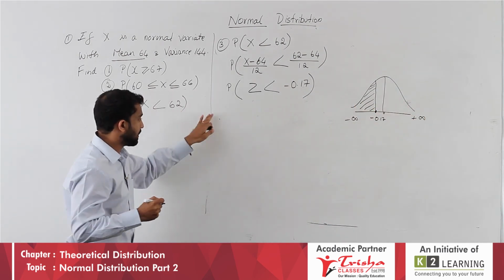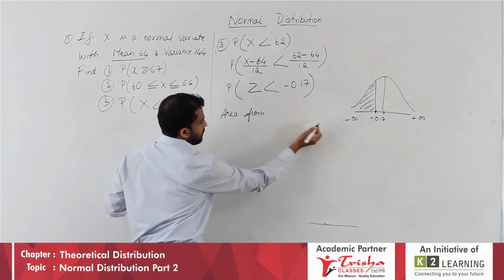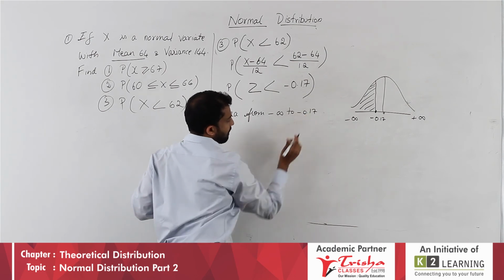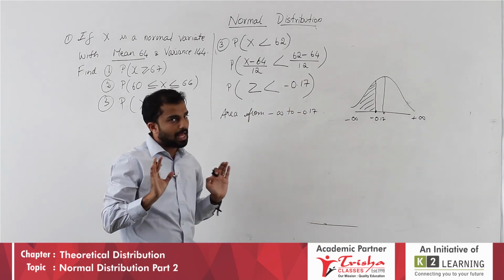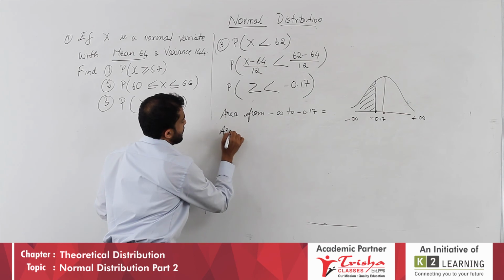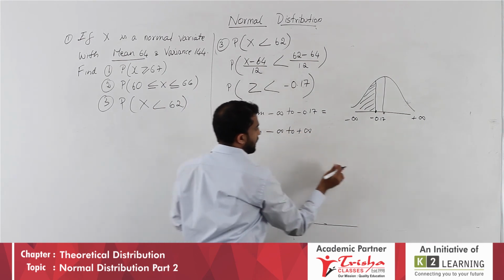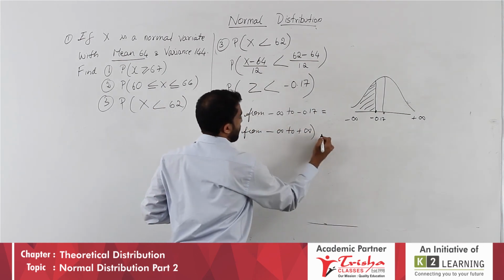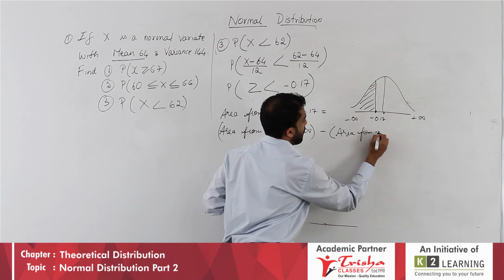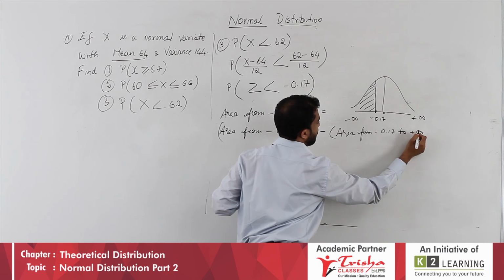So firstly, let us write here, we have to find the area from minus infinity to minus 0.17, from here to here. But we do not have it. So what we do is, it is equal to the area from minus infinity to plus infinity, this full area, minus the area from minus 0.17 to plus infinity.